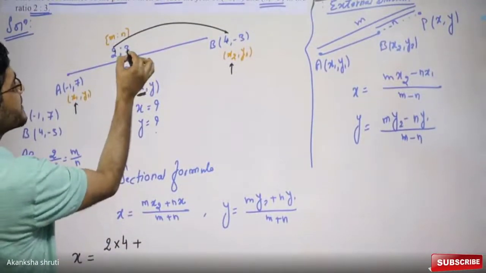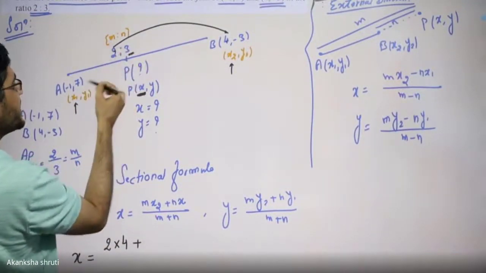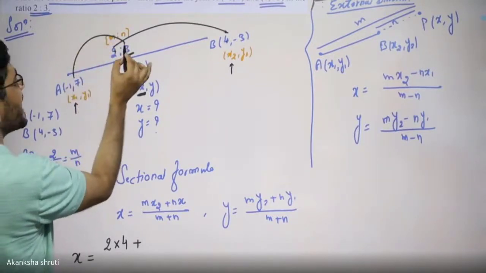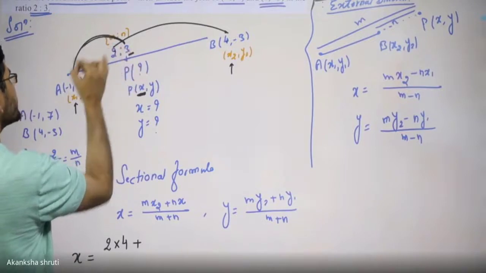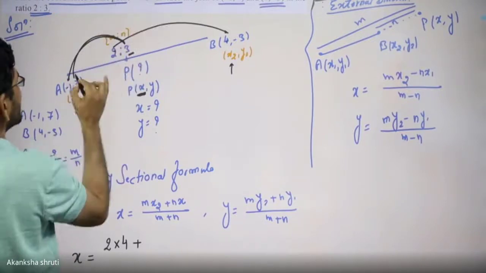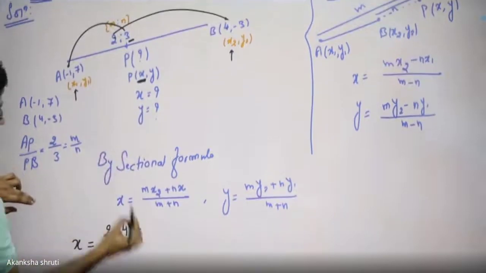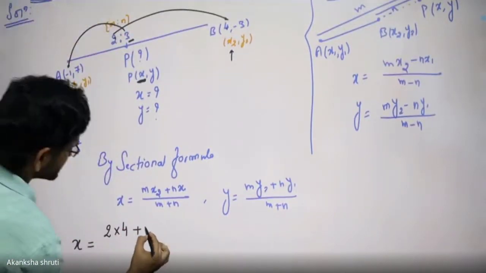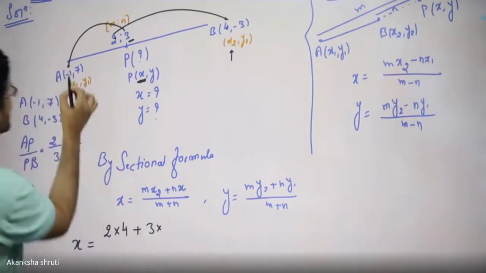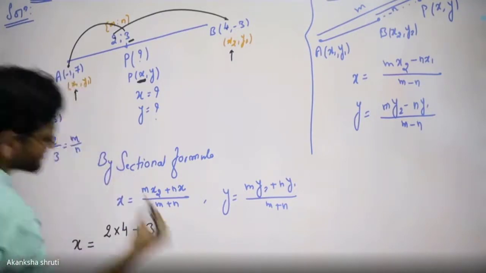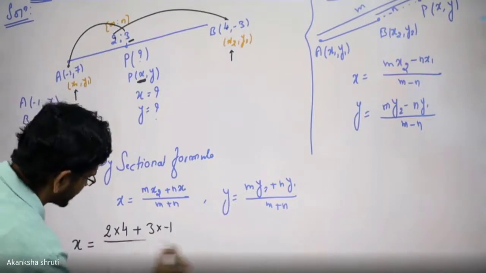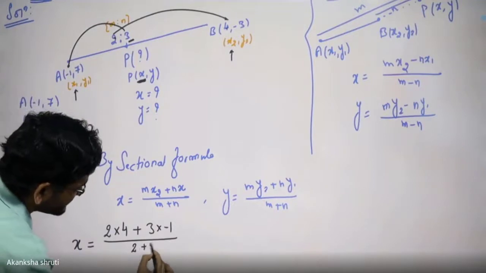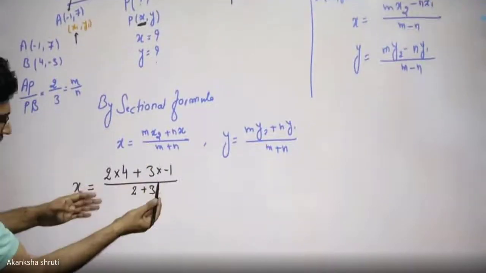Then take the other ratio term, which is our 3. 3 has to multiply the opposite side, but keep in mind we are going to write this x, so we shall take this x of A. So plus 3 into the x coordinate of A, which is -1. So signs are very important. Divided by the sum of the ratio, 2 plus 3. That's all. This will give you the value of x.